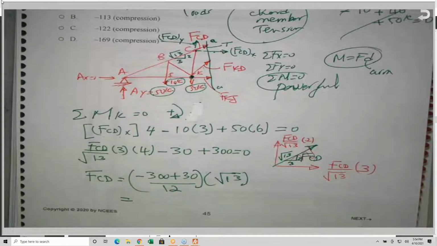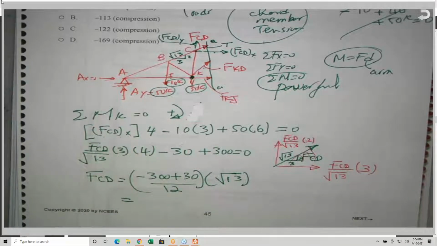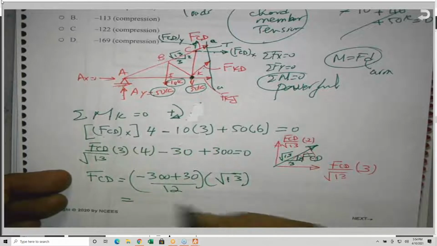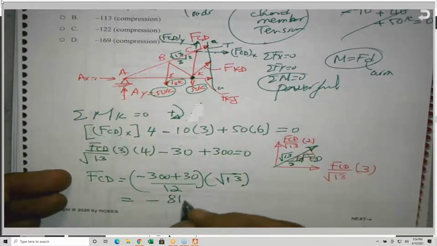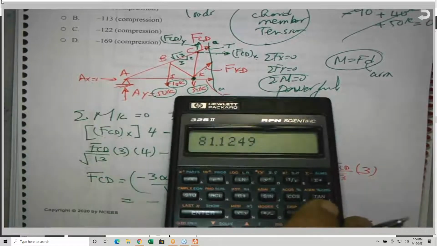So in this case, it is negative 270 divided by 12, times the square root of 13, and I got negative 81.1249. This is what I got.